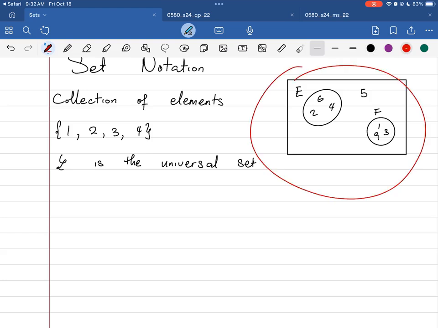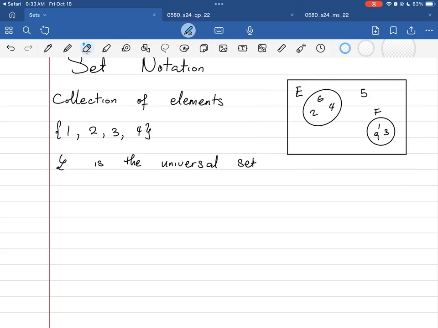So it will be 1, 2, 3, 4, 5, 6, 9. This is what your universal set looks like. I really don't know how to draw the notation, but that's what your universal set is.